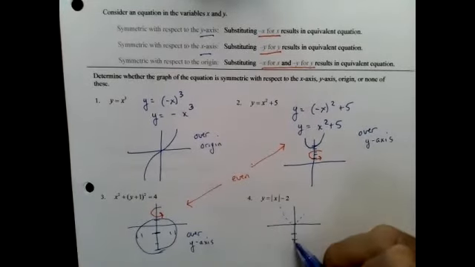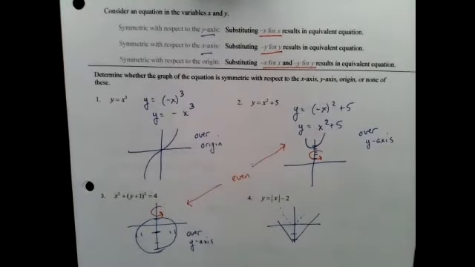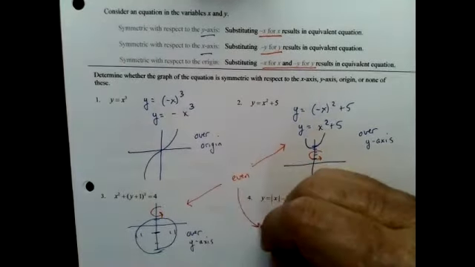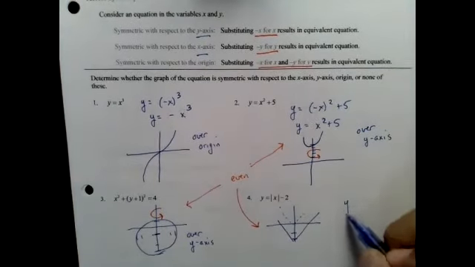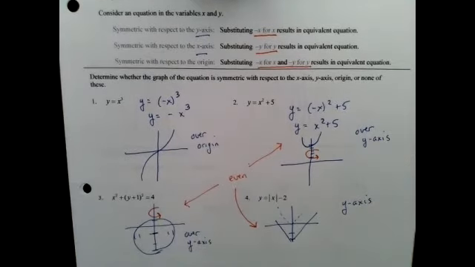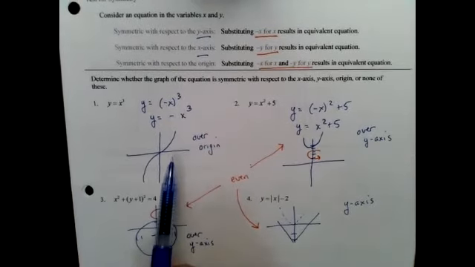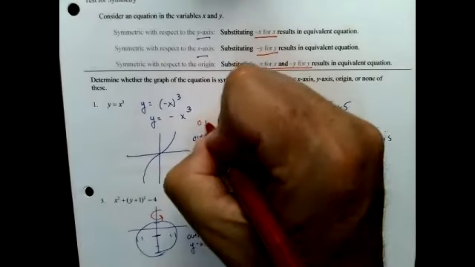But if I shift it down 2, I'm going to have another even function. So anything over the y-axis is an even function. Anything over the origin is an odd function.